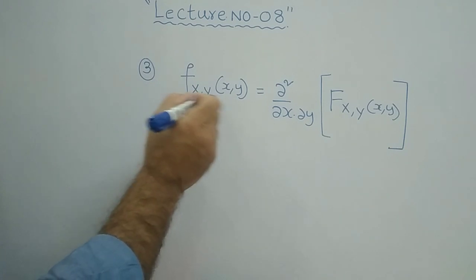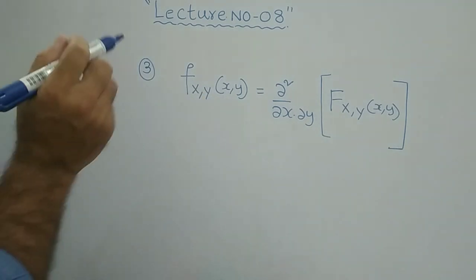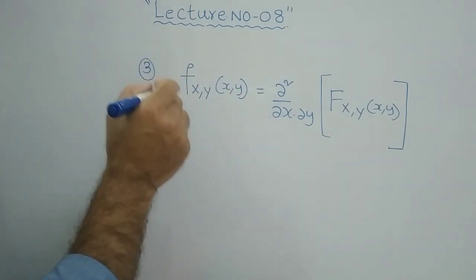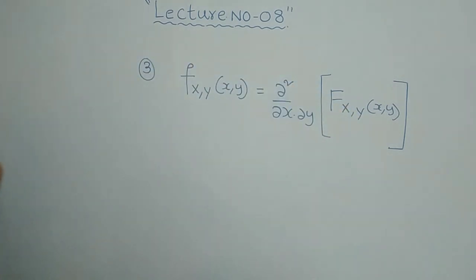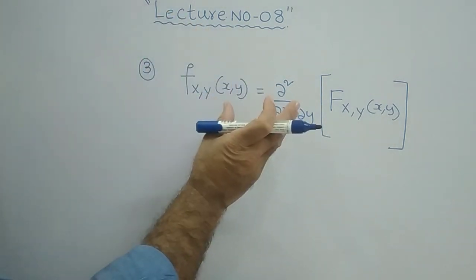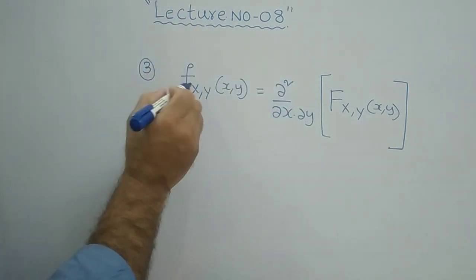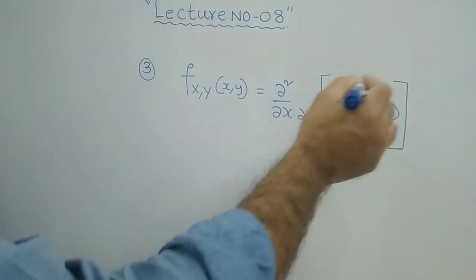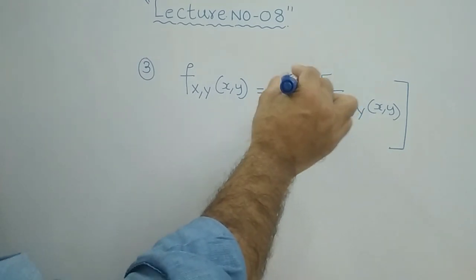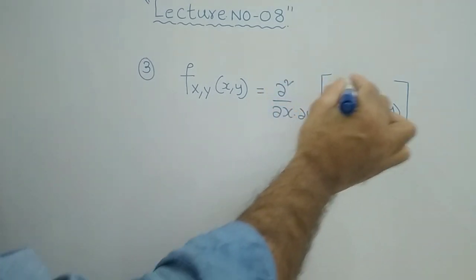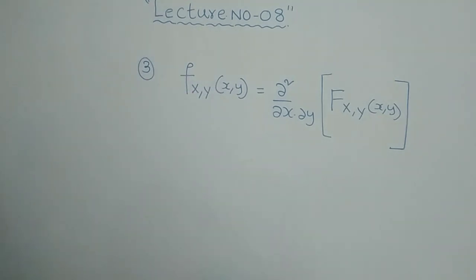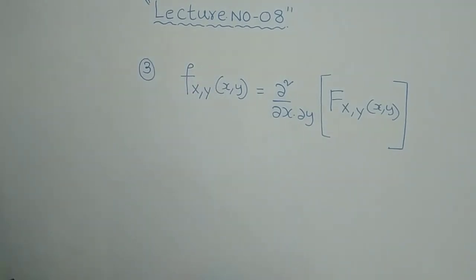Or otherwise sometimes the small PDF will be given to you, and from that you will be asked to determine the F of xy. In that case, what do we need to do? Clearly observe this. You know that if capital F of x is given, means the distribution is given, simply if you take the derivative or differentiation of the distribution function, you will get the density function, means small f will be obtained.